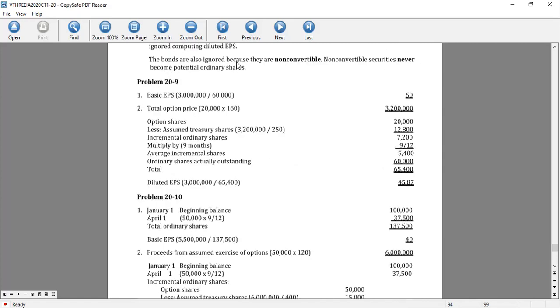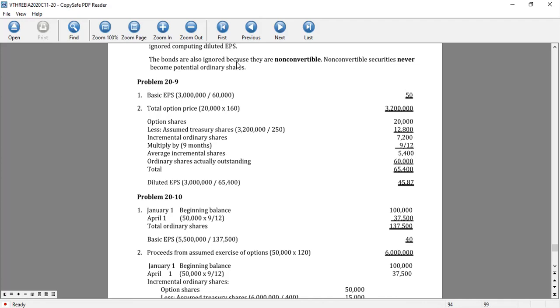So we now get 20-9. In 20-9 again, we are asked for the basic EPS and the diluted earnings per share. The basic EPS is 3 million divided by 60,000 shares issued for the ordinary share capital. Then in number 2, determine the diluted earnings per share.